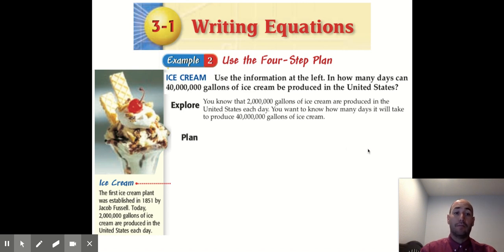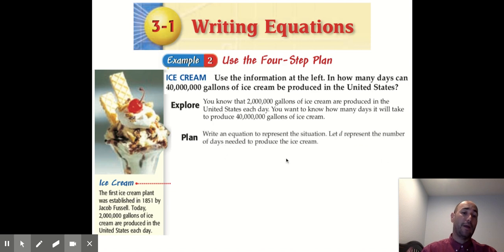So I'm going to make a plan. I can write an equation using the information I'm given, and I can set up a variable for the unknown. The information I don't know is how many days. So I'm going to let D represent the number of days needed to produce the ice cream. D is the unknown.